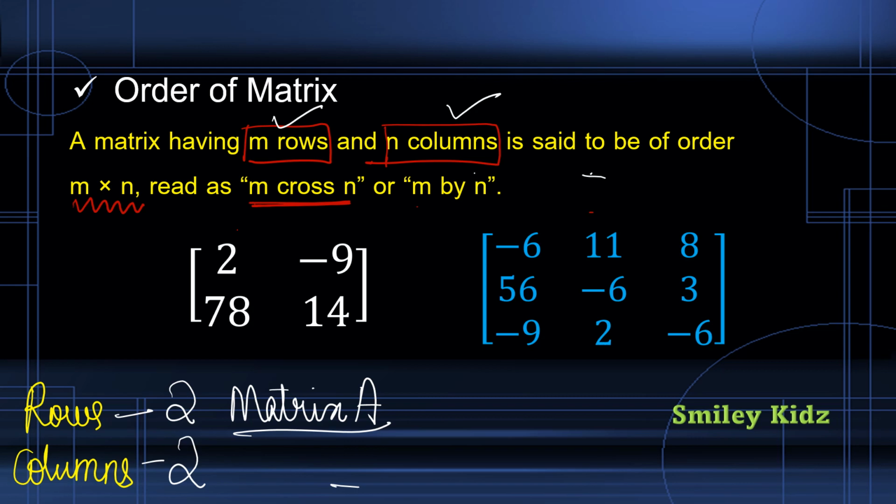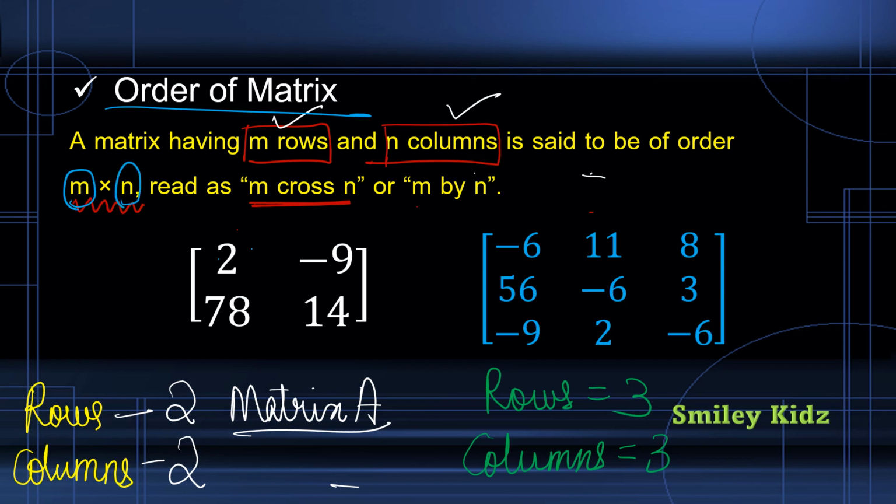Now, when I talk about matrix B, here we have 3 rows and 3 columns. Now, what is the order of the matrix? The order of the matrix is m into n. That means 2 into 2. This is the order of this matrix. Now, if I talk about matrix B, it's going to be 3 into 3. That is how you'll define the order of a matrix.